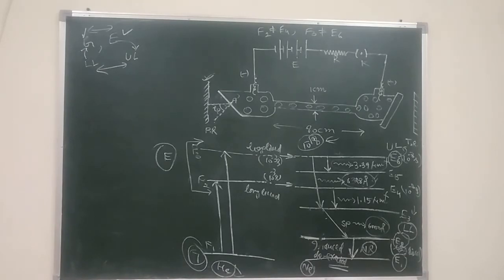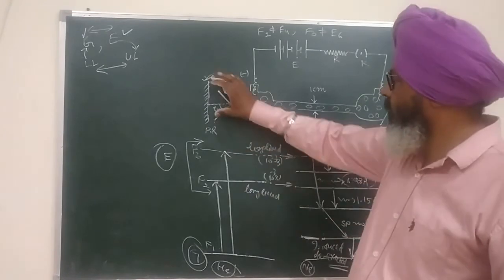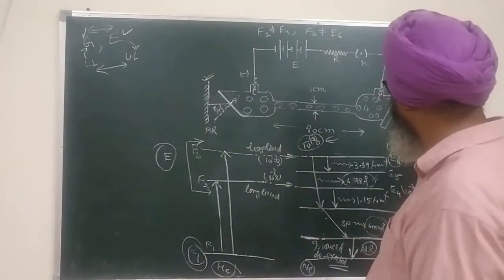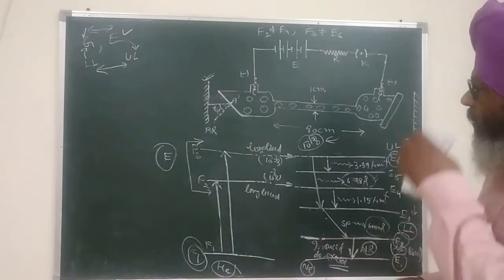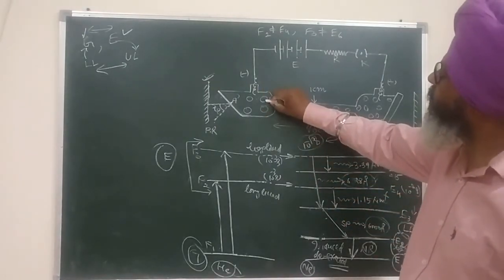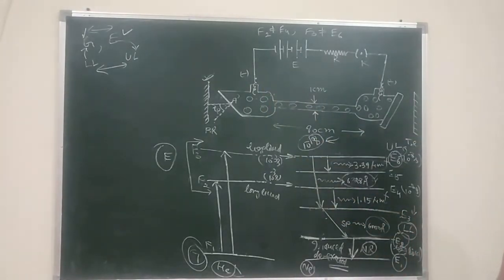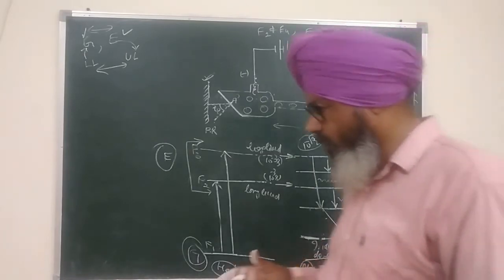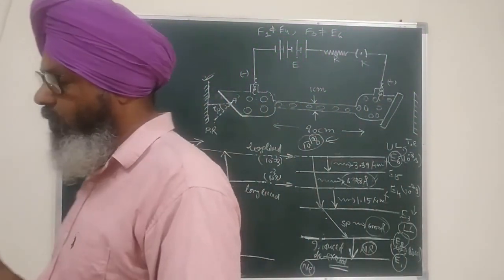A more important thing is why we do not fix these mirrors inside the tube, why these mirrors are fixed outside. Because the helium gas which is filled in the tube has a tendency over a period of time to stick to the walls of the mirror.